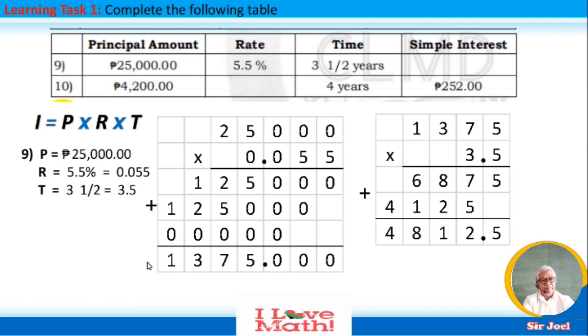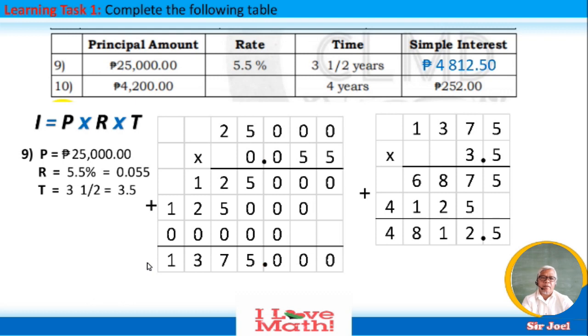Plus 8 is 9, plus 2 is 11, carry 1. Plus 6 is 7, plus 1 is 8. And then bring down 4. Since sa problem, meron tayong 1 decimal place, dun sa 48125 from the end, move tayo ng 1 decimal place to the left. So that is 4812.5, which of course is equivalent to 4,812 pesos and 50 centavos.